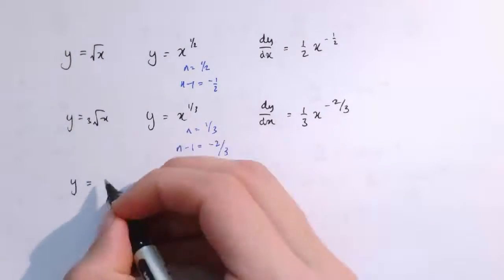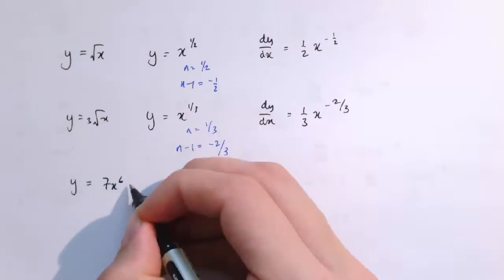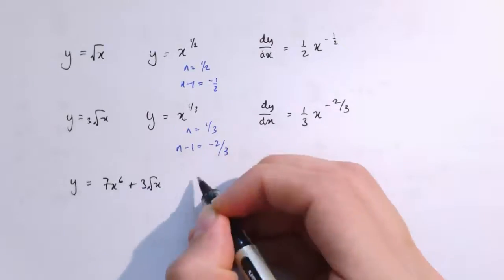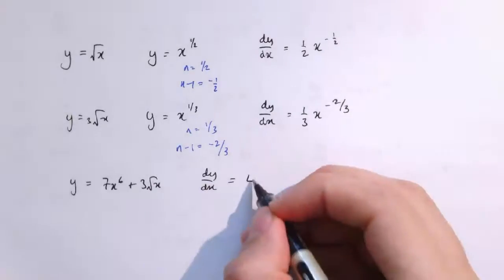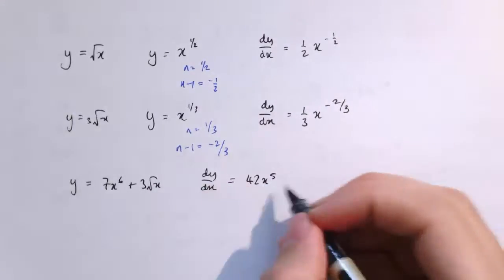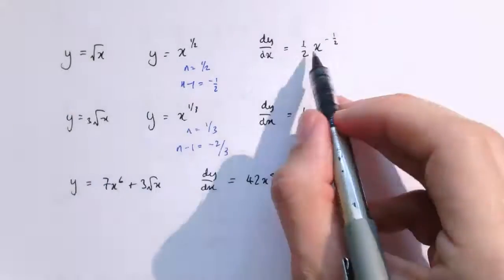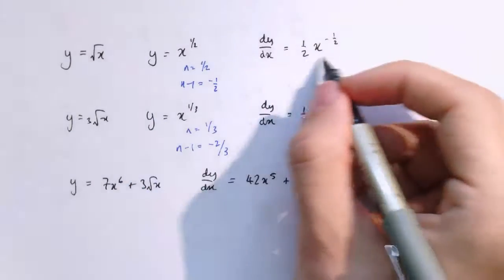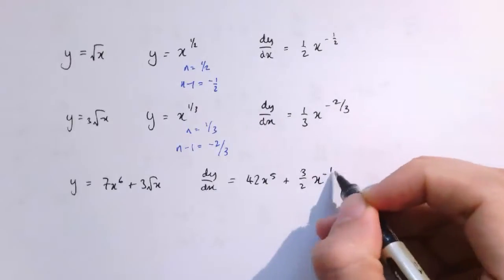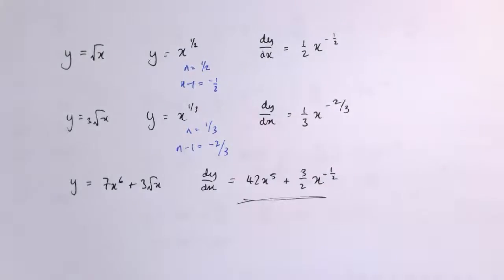So I could do y equals 7x to the 6 plus 3 times the square root of x, and I would get dy by dx is equal to 42x to the 5 plus 3 times the derivative for root x, so 3 over 2, just multiplying this by 3, x to the minus 1/2.